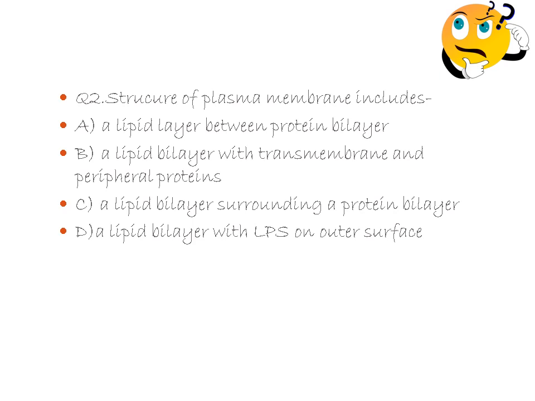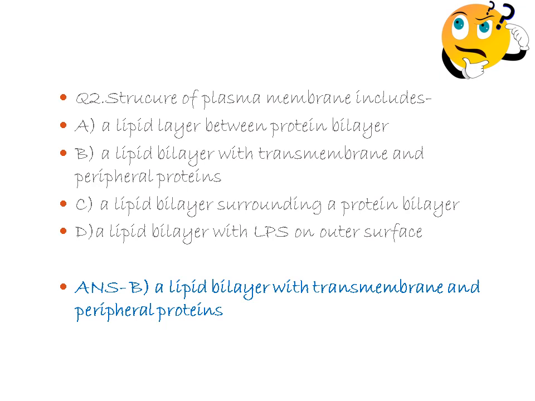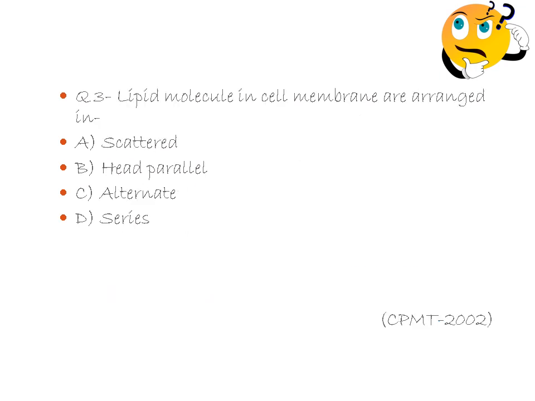So there are 4 layers here. Then D option is a lipid bilayer with lipopolysaccharide on the outer surface. So what is the answer? Answer is B. That is, there is a lipid bilayer with transmembrane and peripheral proteins. We have seen that in the center there is a lipid bilayer, and transmembrane and peripheral proteins are embedded in that lipid layer.